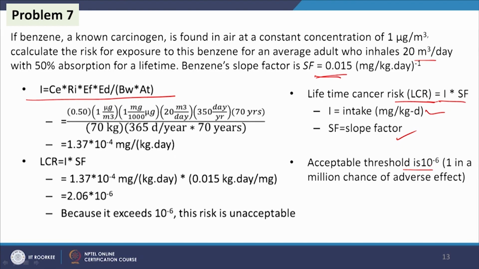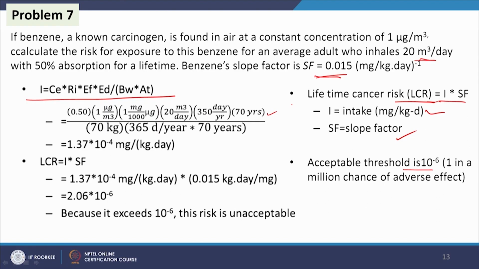So, now let us see the value of I. C is equal to how much? 0.50 into 1 microgram per meter cube into 1 mg per 1000 microgram. So, this is the conversion of unit, and then 20 meter cube per day, and 350 days per year and 70 years, because it is a carcinogenic effect.